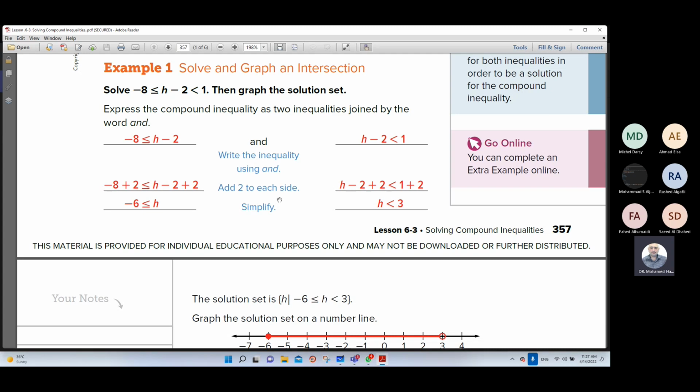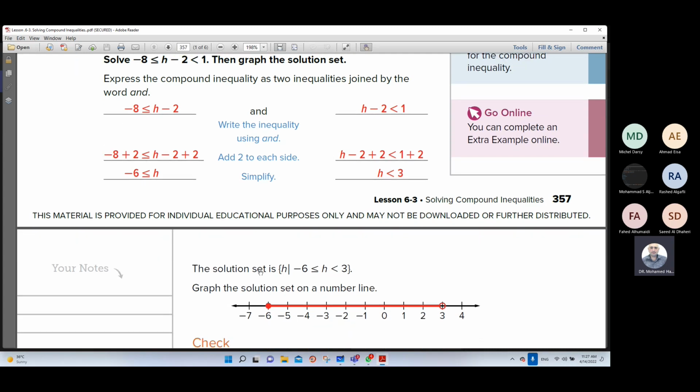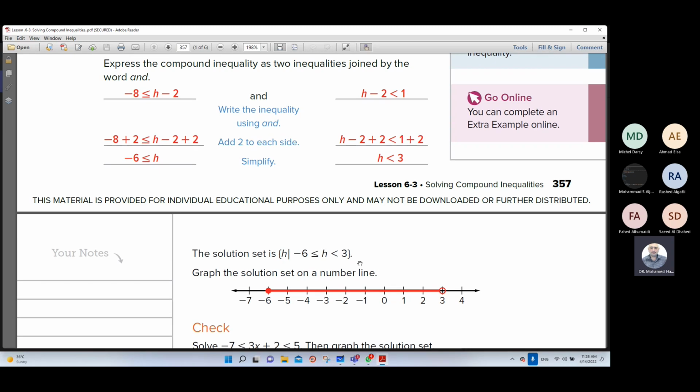And then we want to write the intersect solution, or the common solution, between them. So the solution set is h such that h is greater than or equal to minus 6 and less than 3. Then we want to graph.